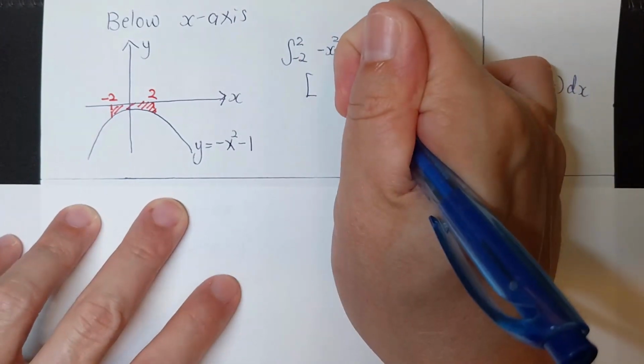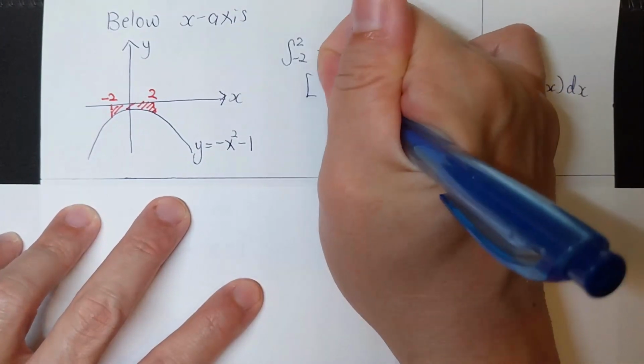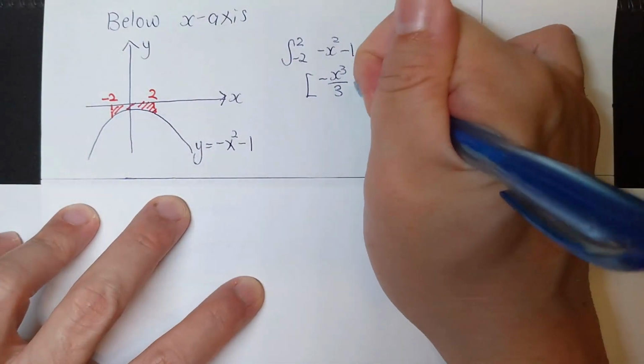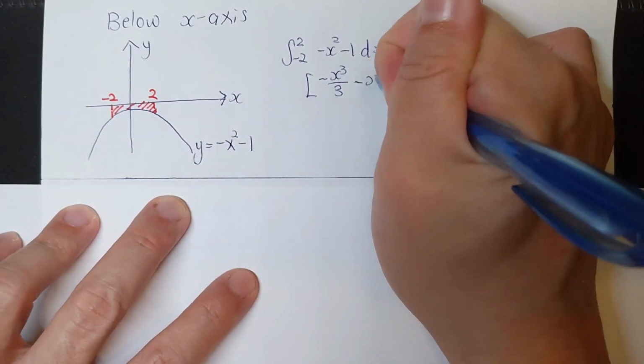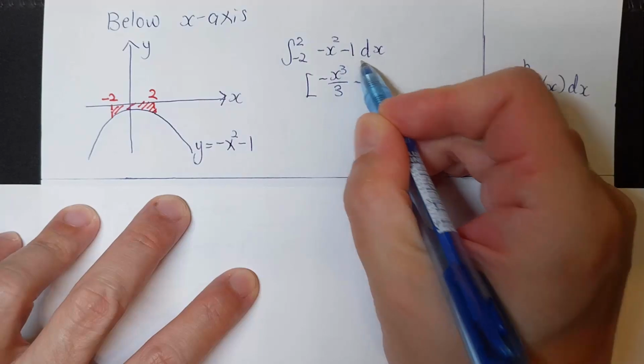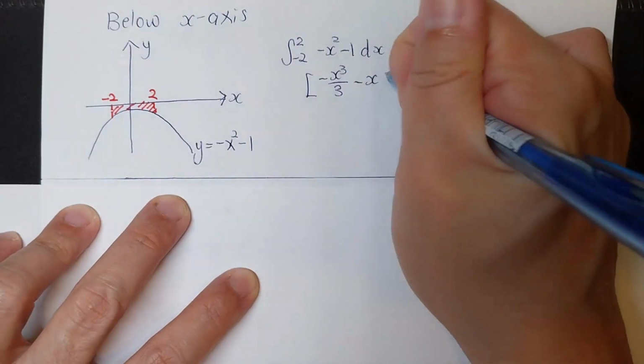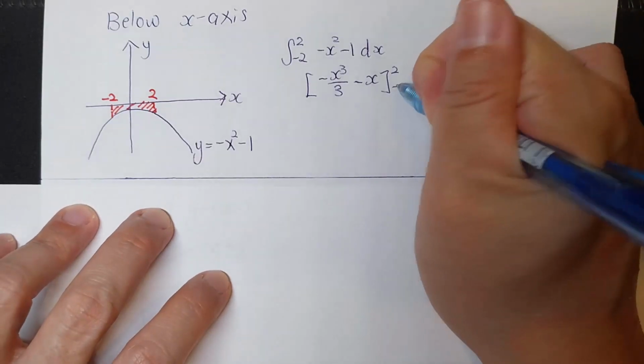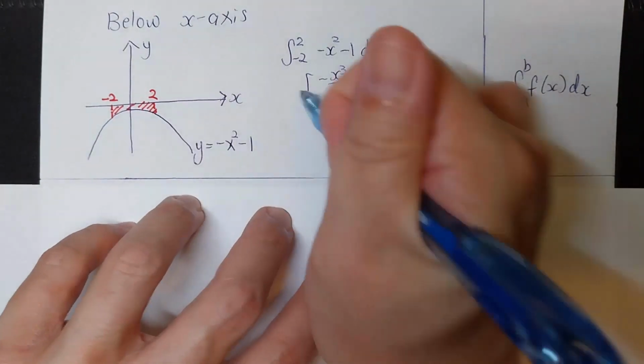So we will add the power by 1, divided by the new power, and 1 will become x. So minus 1 will become minus x. And we will integrate from 2 to negative 2.